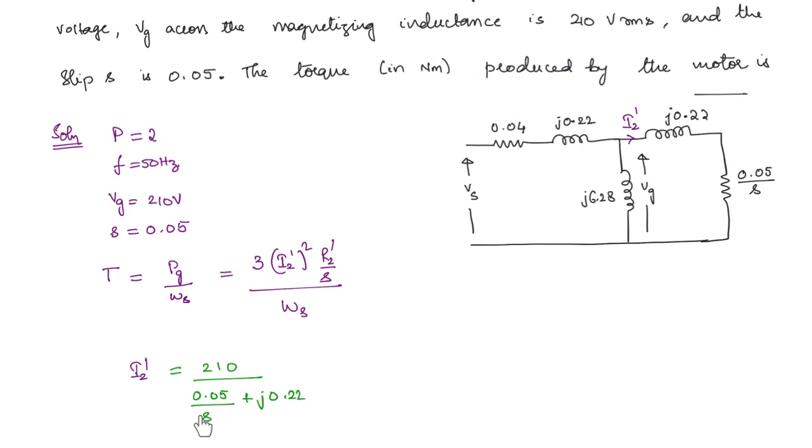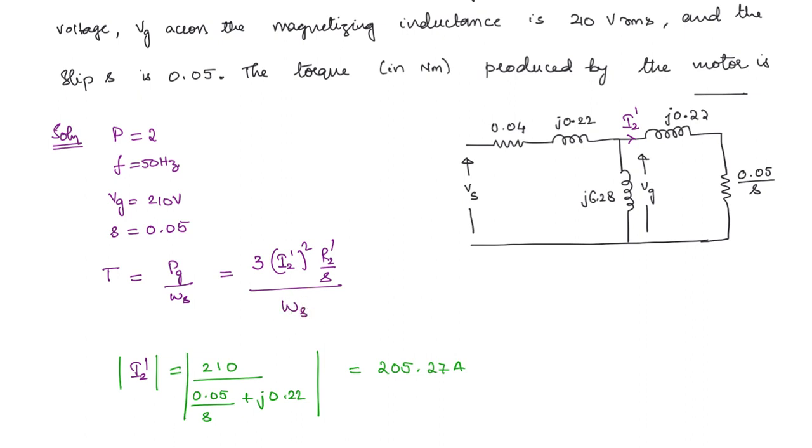Now the slip is already given 0.05. Since we need only the magnitude, we can find out magnitude I2 dash. You're going to get 205.27 amperes.